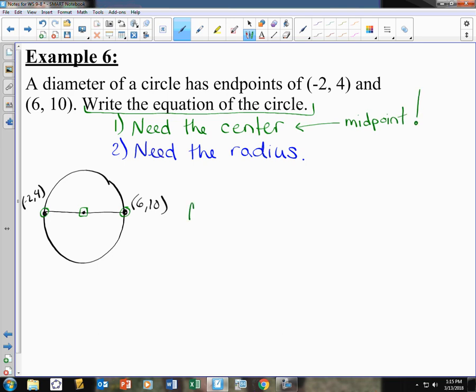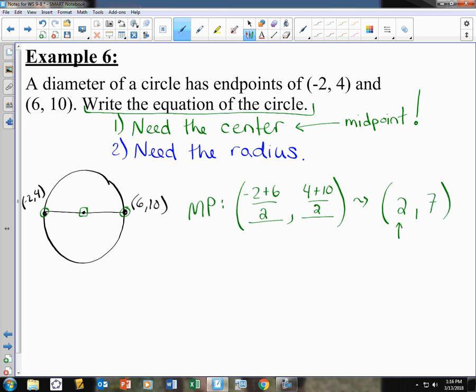So -2 plus 6 divided by 2 will give me my new x value. To get my new y value, I'm going to average the y's. So 4 plus 10 divided by 2. So let's see. My midpoint happens at 2, 7. Awesome. I now know what h is, and I know what k is.